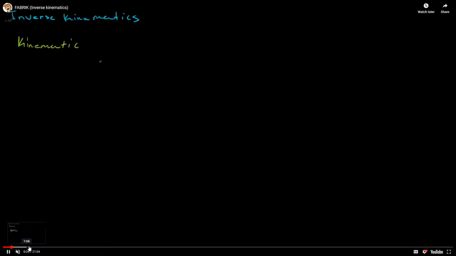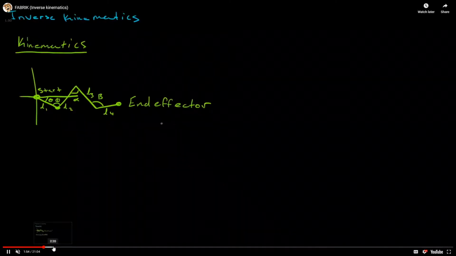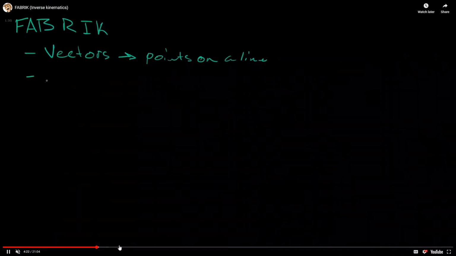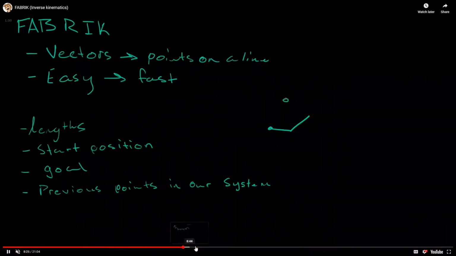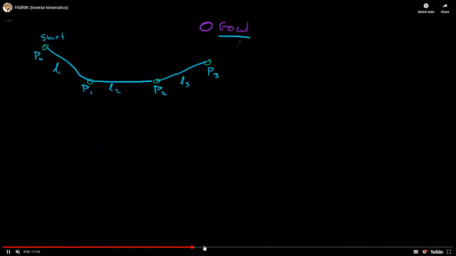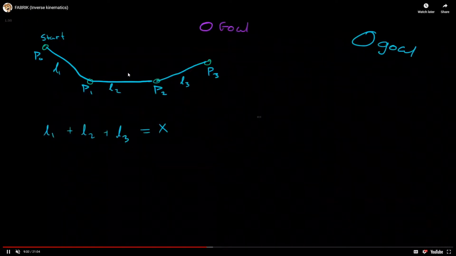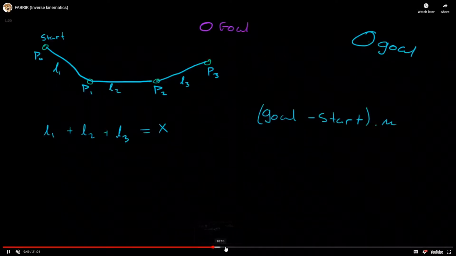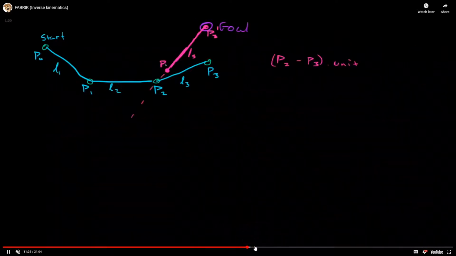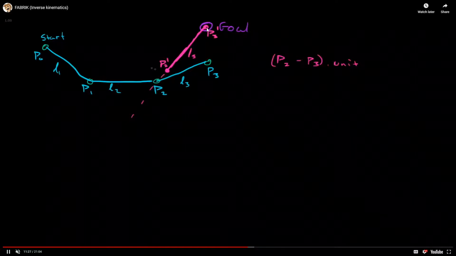Anyway, this guy I think gave a pretty good explanation, so if you're interested in how this works, you can check out his video. This is a good visual explanation. So you're trying to move to this goal position. In the backward step, what you do is you draw rays that are of the length of that joint backwards.